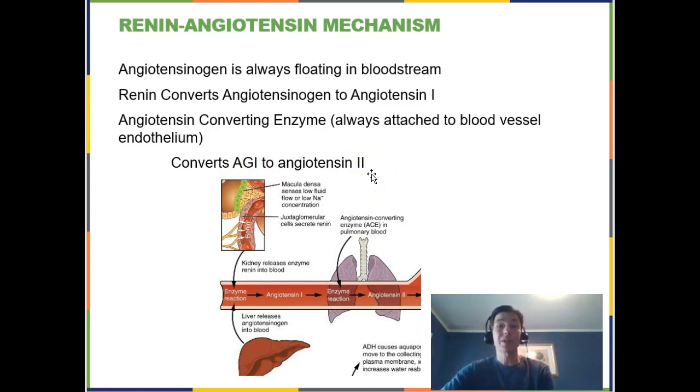This just ensures that because angiotensin 1 is going to go everywhere, it's in the bloodstream, having angiotensin converting enzyme embedded in the blood vessel walls makes sure that a little bit of angiotensin 2 gets produced everywhere, instead of having one source of angiotensin 2 where there's going to be a lot of it and then less of it as you get further away from that source. So this mechanism ensures that angiotensin 2 is created everywhere throughout the body in a relatively short period of time.